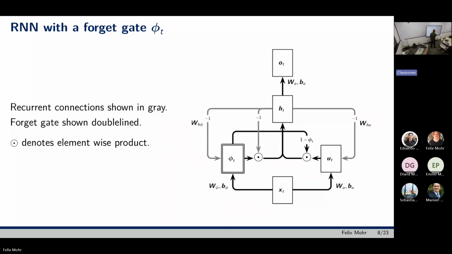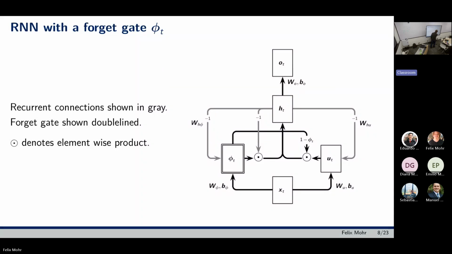Yeah. So all the gray edges are the recurrent edges. So when you do this multiplication, then this T is not the same as this T. Yeah, exactly, it's the last one. So if you want to compute the value of this for T, then you need to multiply with the version H T -1 here. And the same also for this here, it's only this one.